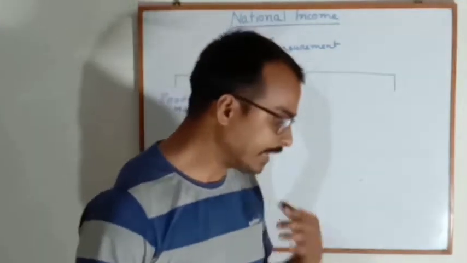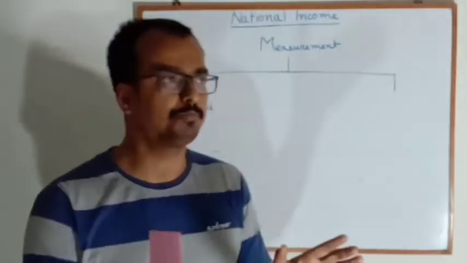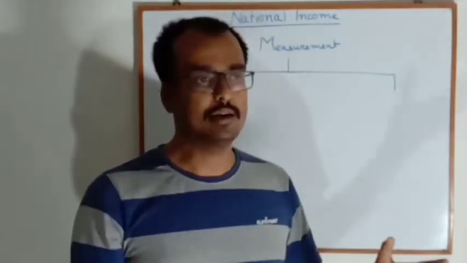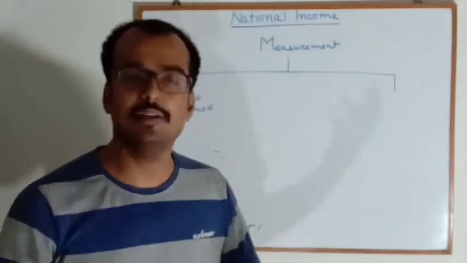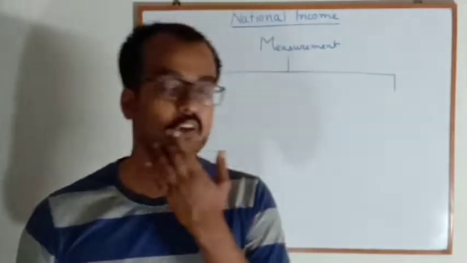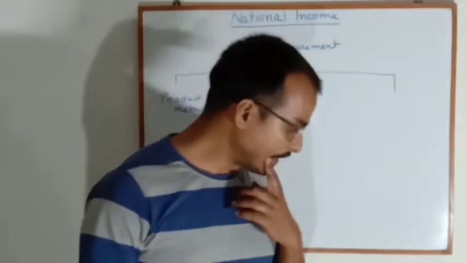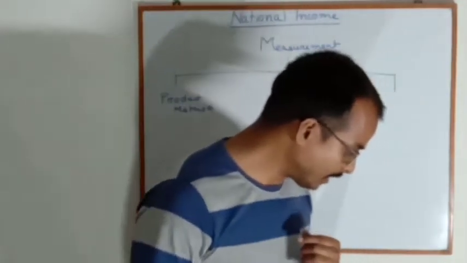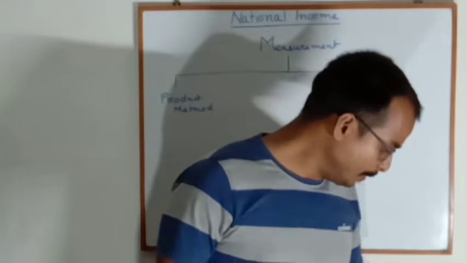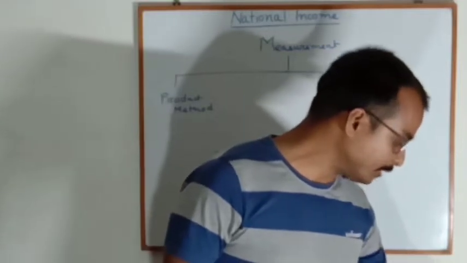For that, again you have to distribute the total economic activities into the primary, secondary, and tertiary sectors. You categorize them, and after categorizing, you take the factor income.